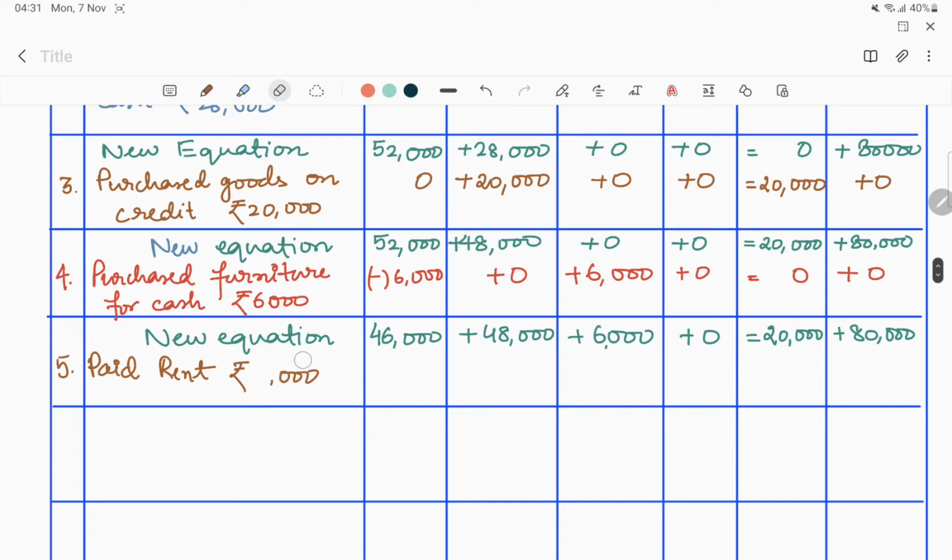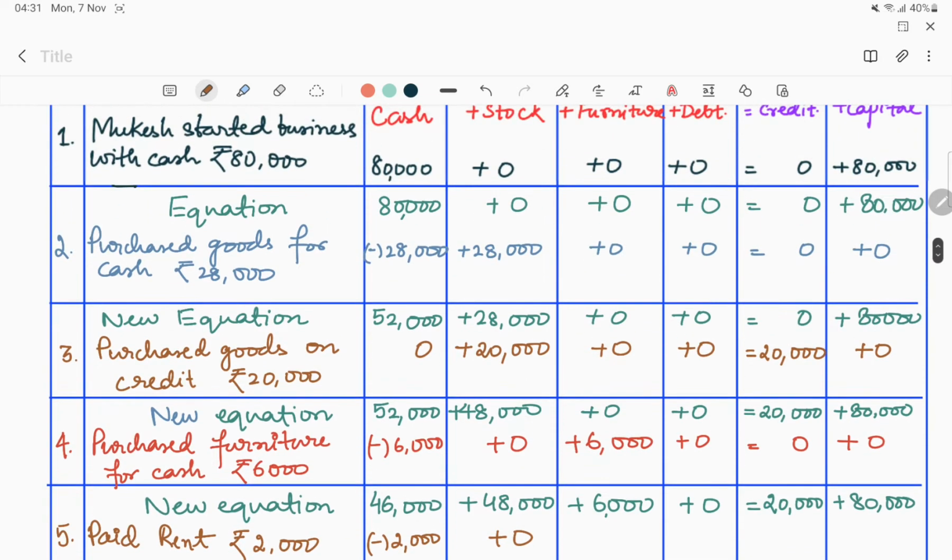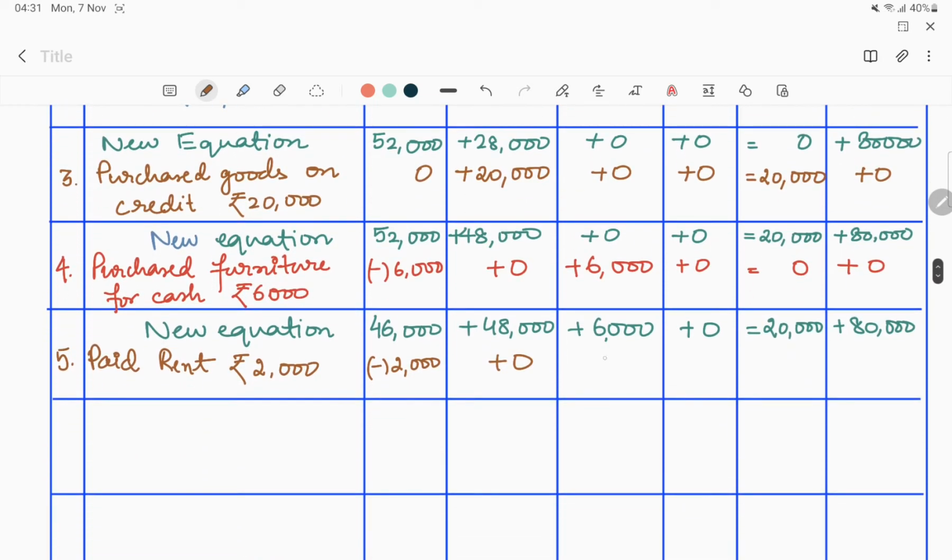Rent amount is 2,000. So in order to pay his rent, he is going to use the cash only. So the asset will get decreased from the cash. No stock added here. No furniture added here. No debtor. No liability.